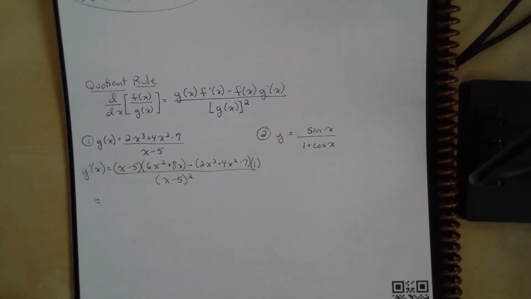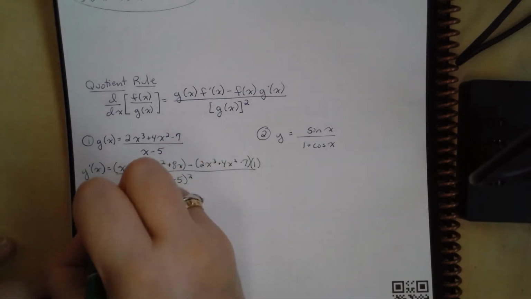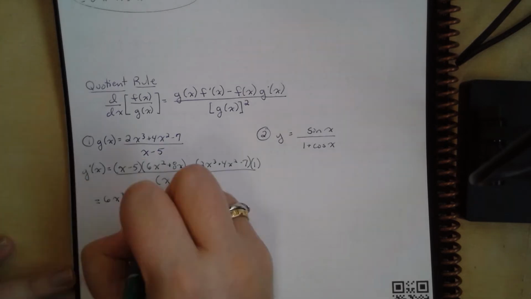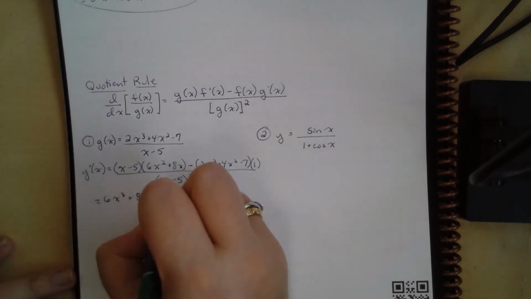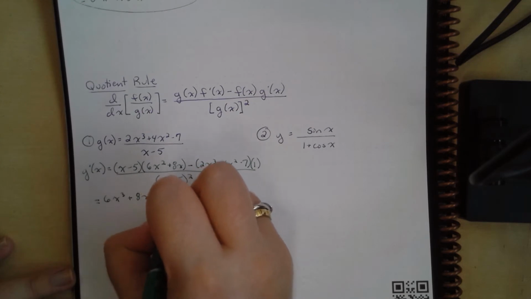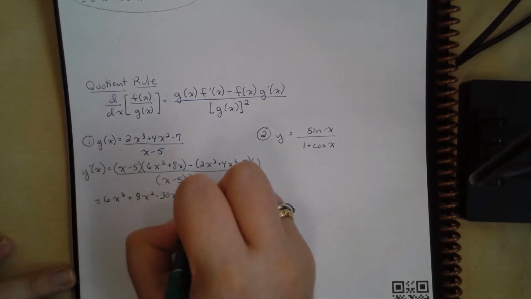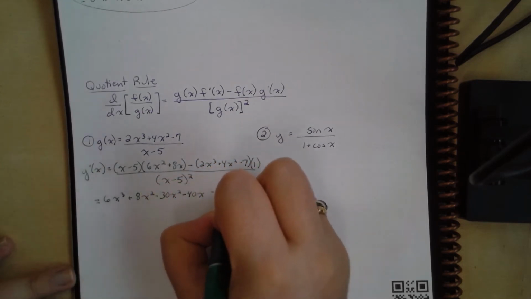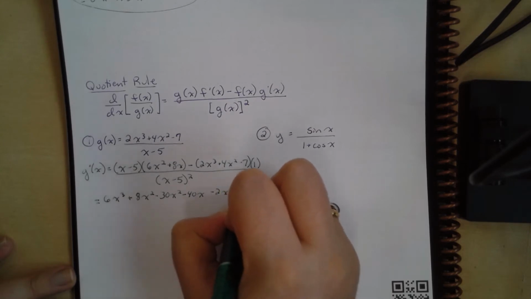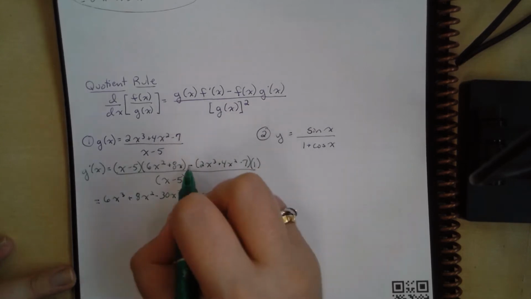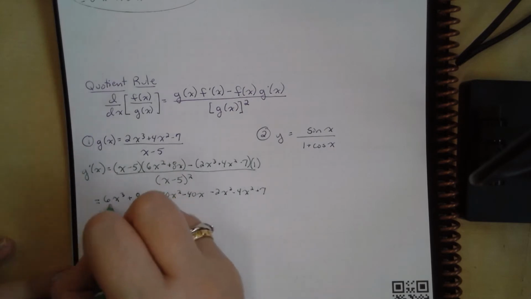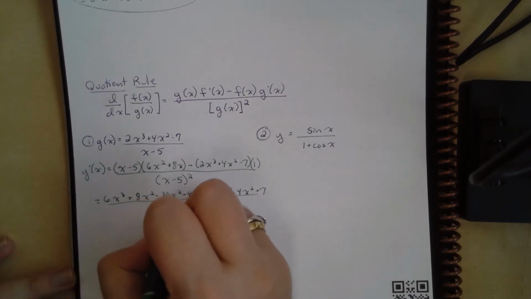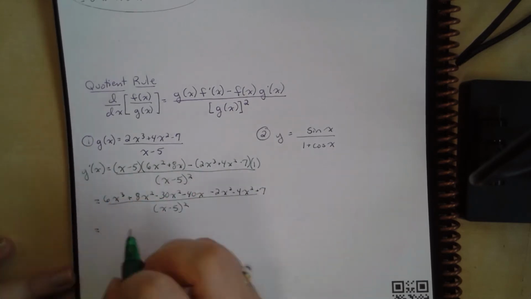So that's going to be equal to 6x cubed plus 8x squared minus 30x squared minus 40x minus 2x cubed minus 4x squared plus 7. I had to distribute that negative there. All over x minus 5 quantity squared.